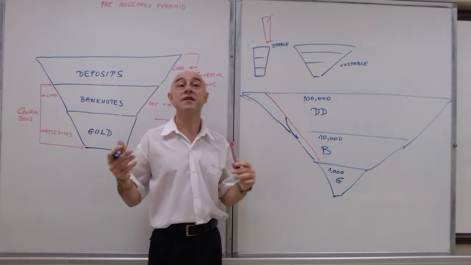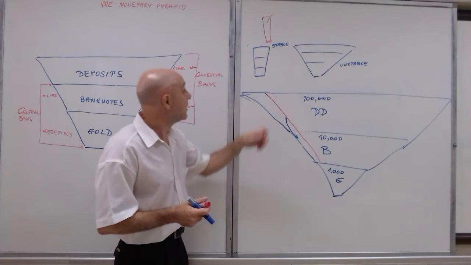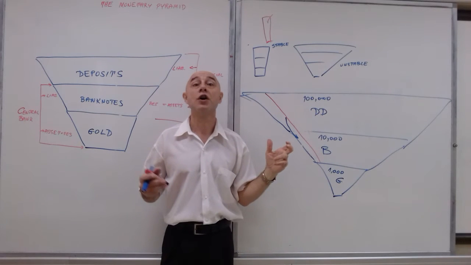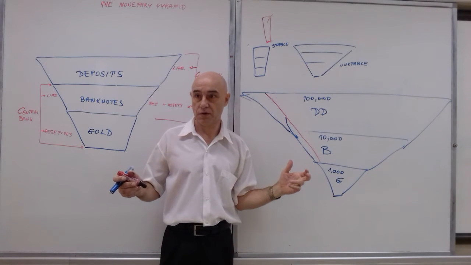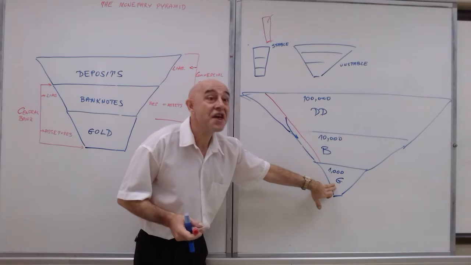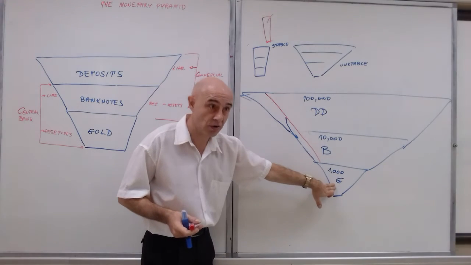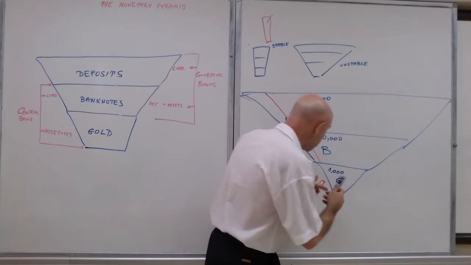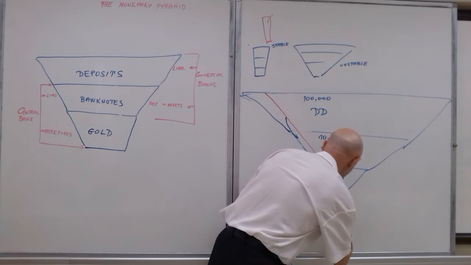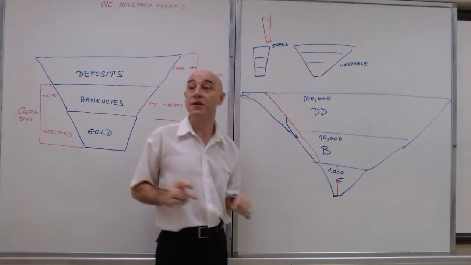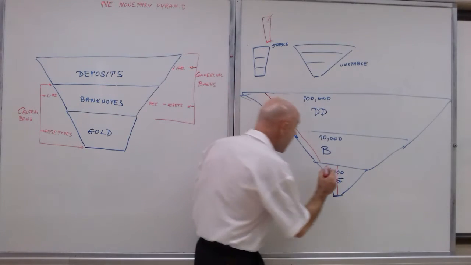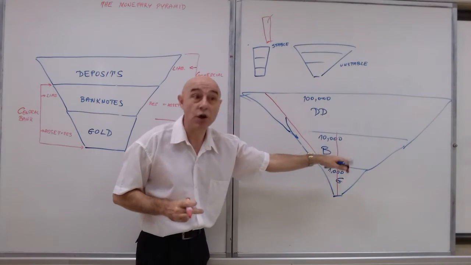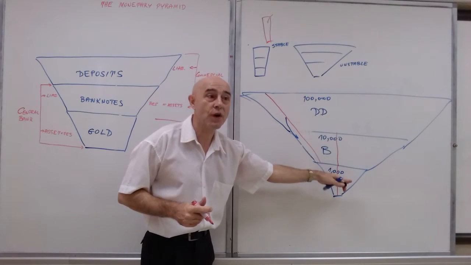Now, think of the next possibility. You take a $500 deposit and you want to convert it to gold. What's going to happen? You got only $1,000 of gold. If you want to convert 500 into gold, you literally got to take half of the gold. And then you literally got to take half of the banknotes to maintain 10-to-1 ratio.